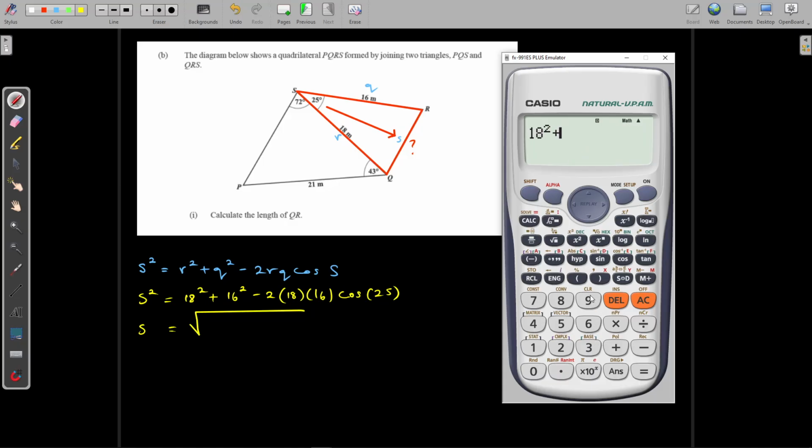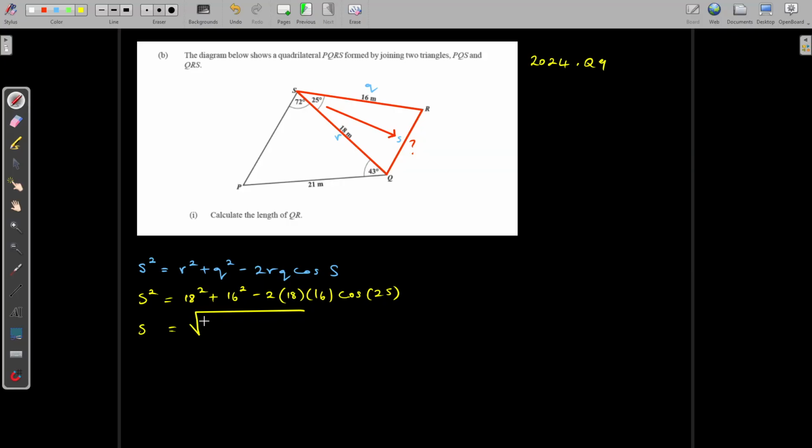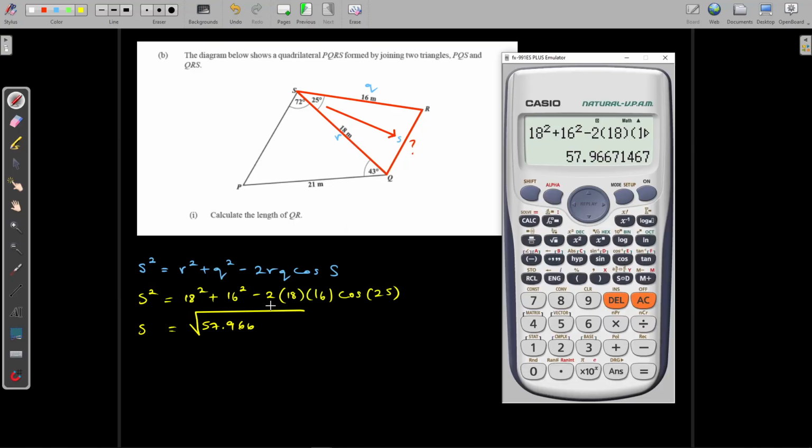So 18 squared, 16 squared, minus 2 times 18 times 16 cos 25. That's 57.96671467. Don't round off just yet, just work with what that gives you.